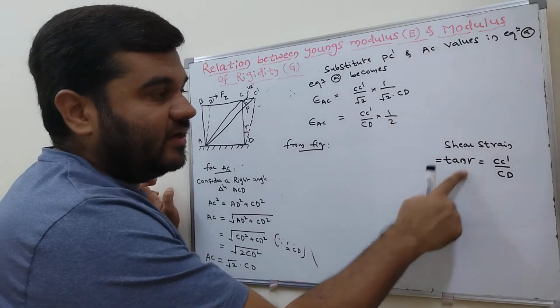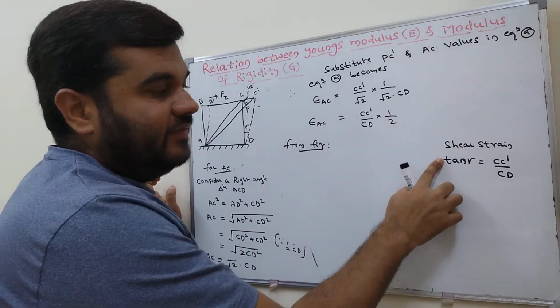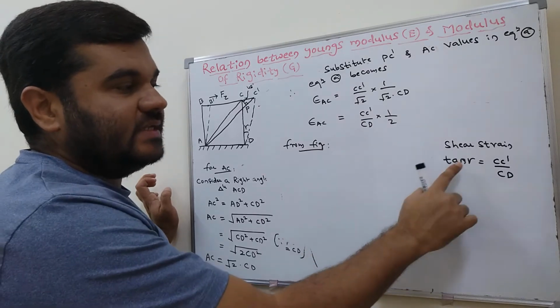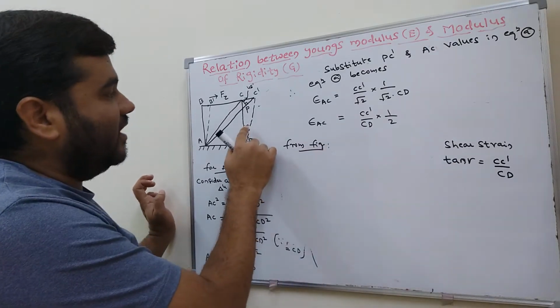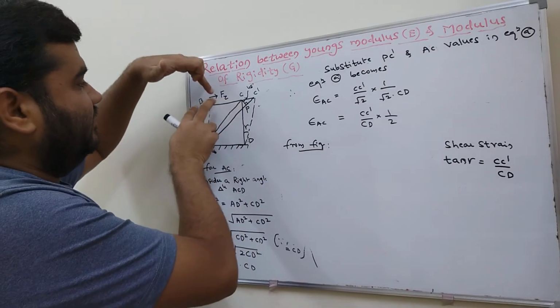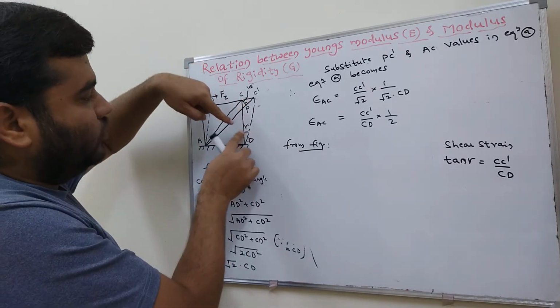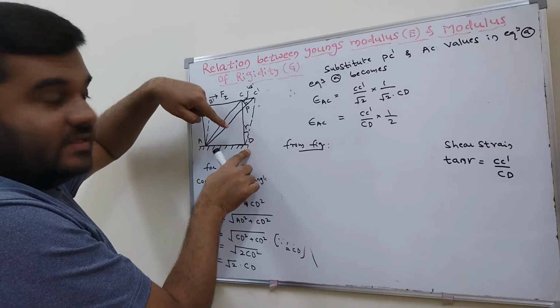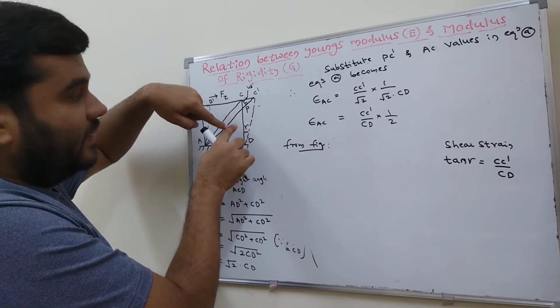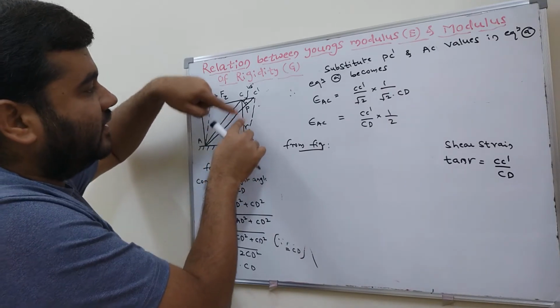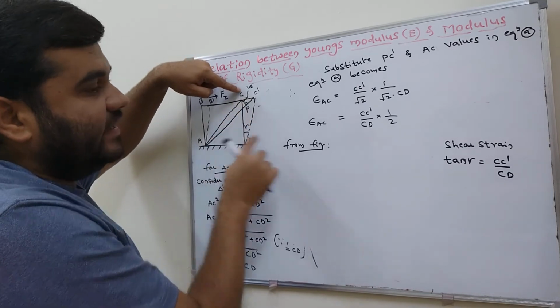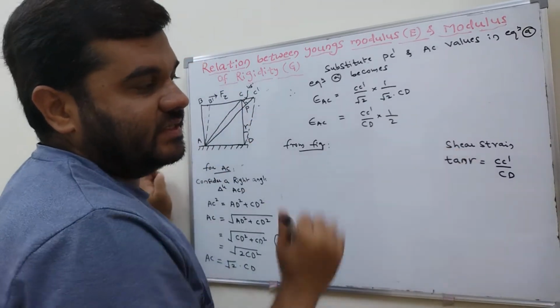This is the definition of shear strain. Shear strain is nothing but tan of gamma after undergoing the phase BC to B dash C dash with respect to original AD phase, it makes an angle of gamma. So tan of gamma is opposite by adjacent side. That is the definition of shear strain.